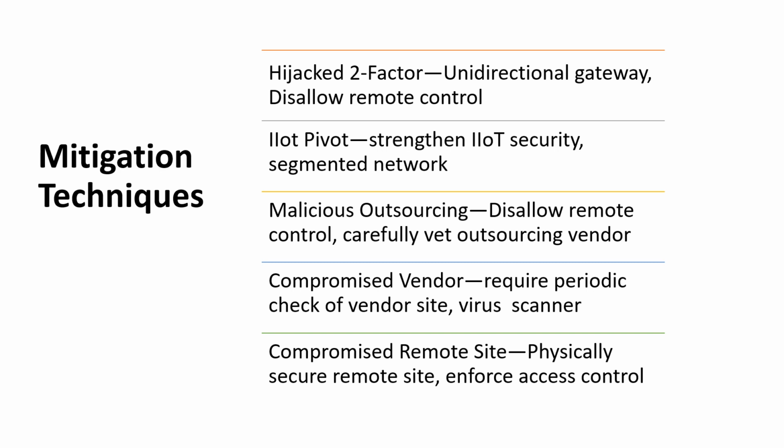Disallow remote control and carefully vet outsourcing vendors. Compromised vendor. Require periodic check of vendor site and virus scanner. Compromised remote site. Physically secure the remote site and ensure access control.